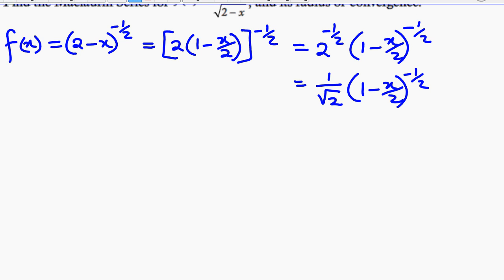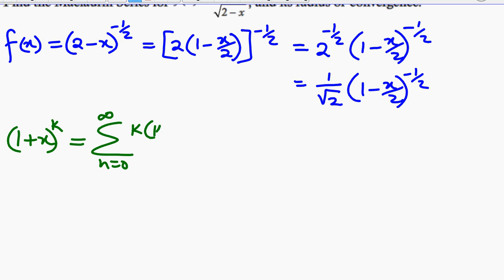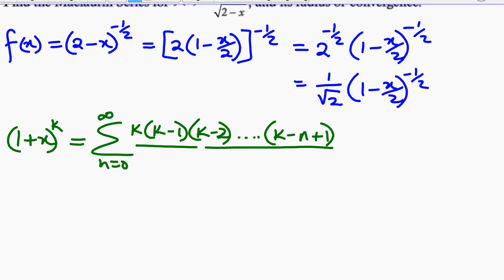From my previous video, 1 plus x to the power k is equal to the sum from n equals 0 to infinity of k into k minus 1, k minus 2, up to where I stop, which we derived previously, over n factorial, and all this is multiplied by x to the power n. All right, so this is the series representing this function.